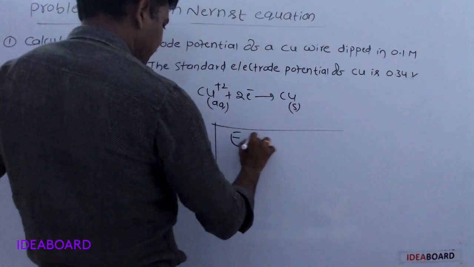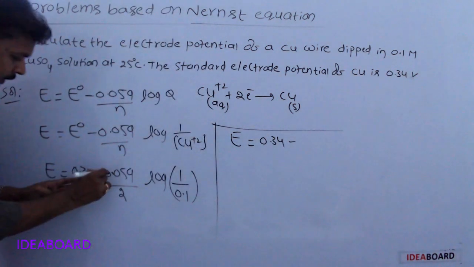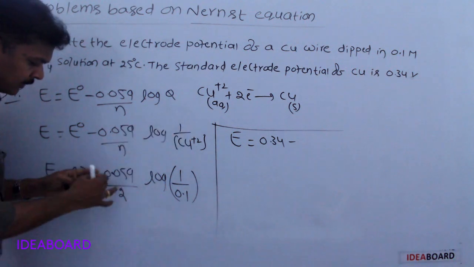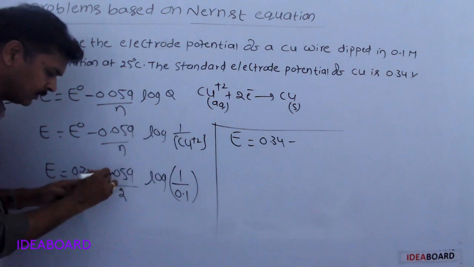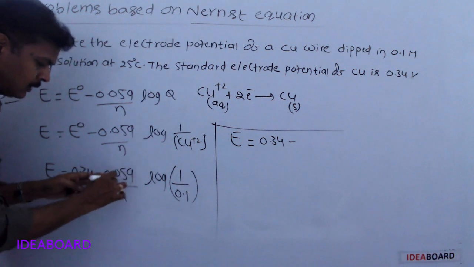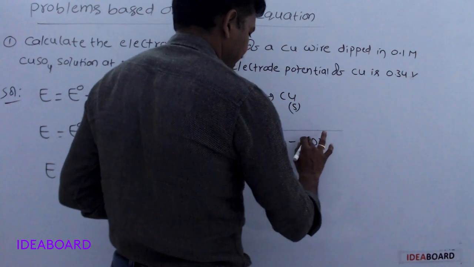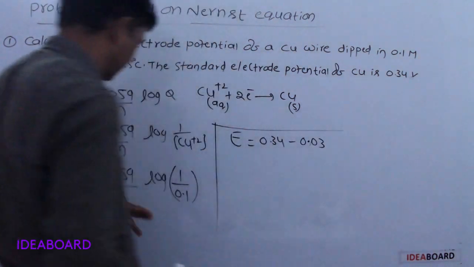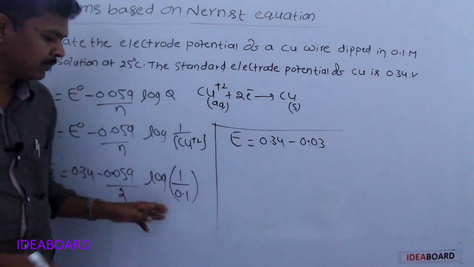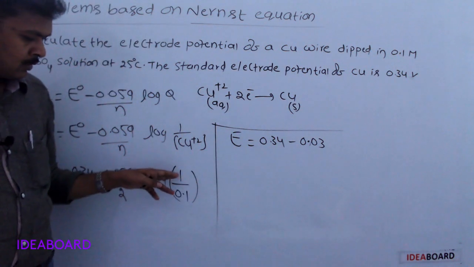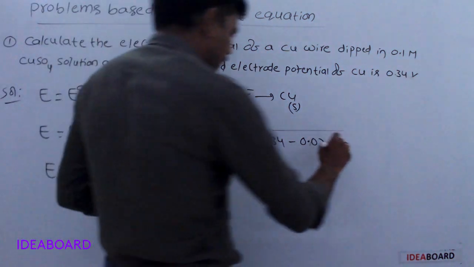E is equal to 0.34 minus, see here, instead of 0.059 I am taking 0.06. 0.06 by 2 means 0.03. Log of 1 by 0.1. 1 by 0.1 means 10, so this value should be log 10.